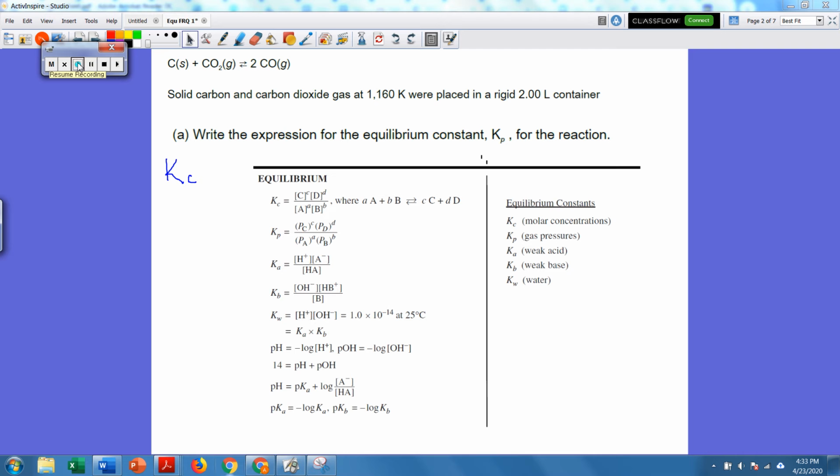Okay, so I know you didn't see me take time to pause this, but what I've just thrown up on the screen is a clip from the AP formulas and equations resource sheet, which is something that you are going to want to have with you when you are taking the test.